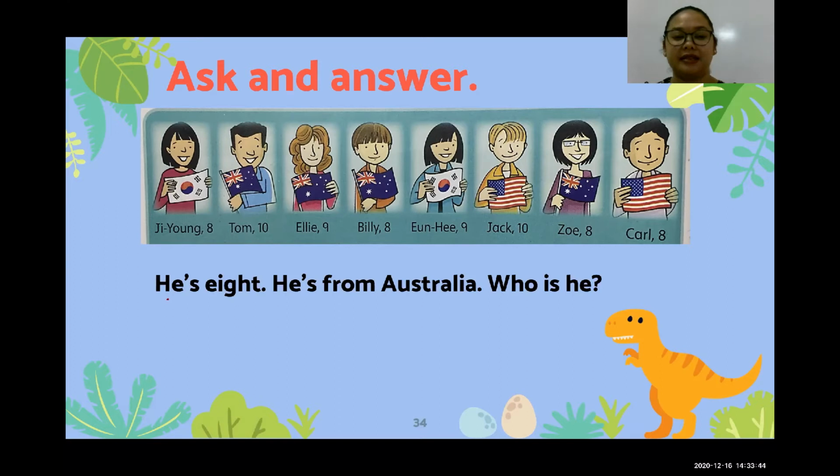So let's try to answer this one. He's 8. That means it's a boy. So let's look for a boy that's 8 years old. Here we have Billy, 8 years old. And we have Carl, 8 years old. He's 8.